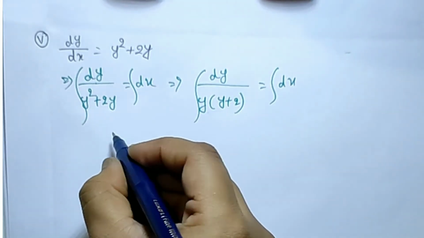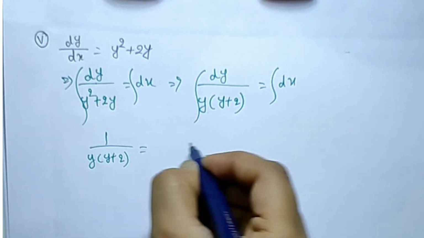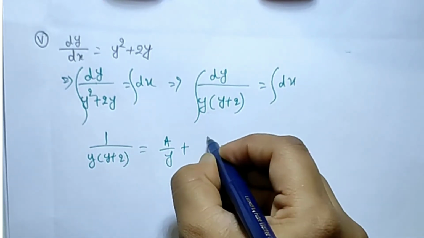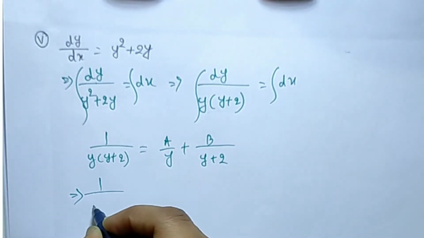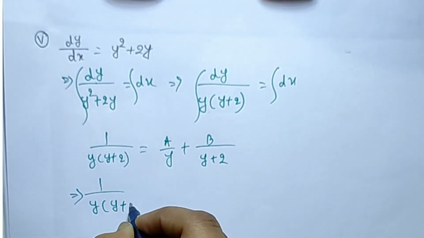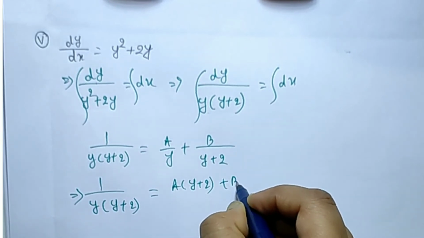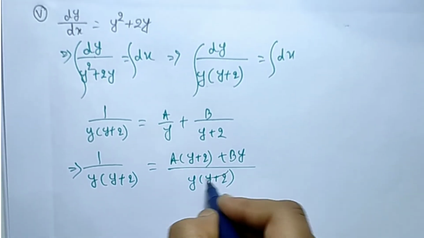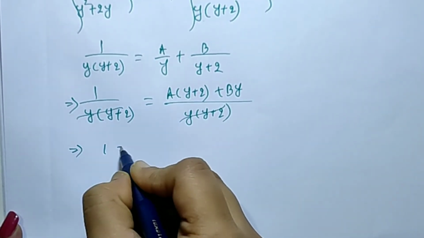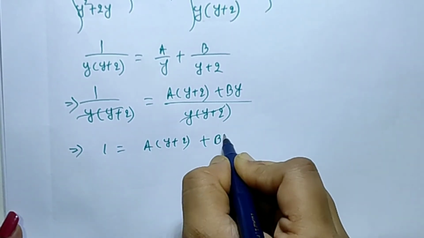So let 1 by y into y plus 2 be equal to a by y plus b by y plus 2, which implies 1 by y into y plus 2 is equal to a into y plus 2 plus b into y, divided by y into y plus 2. Now the denominators will cancel out: 1 is equal to a into y plus 2 plus by.